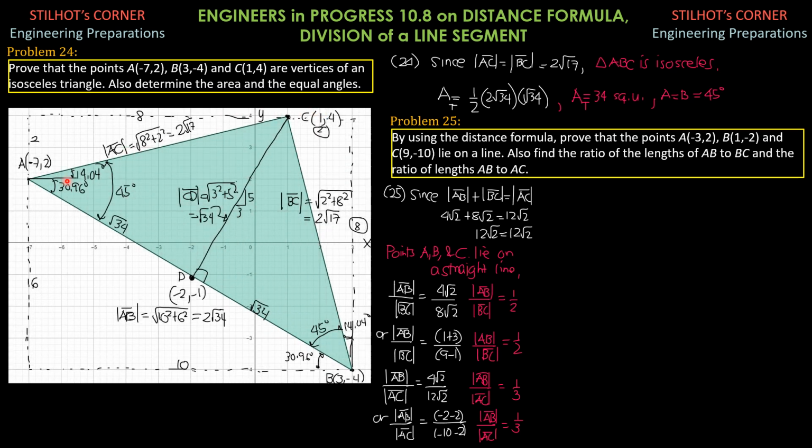So here is the graph, and we have points A, B, and C. A is at -7, 2 as shown. B is at 3, -4, which is plotted correctly. And C is at 1, 4, also plotted correctly.